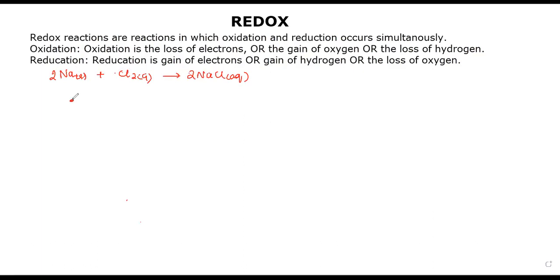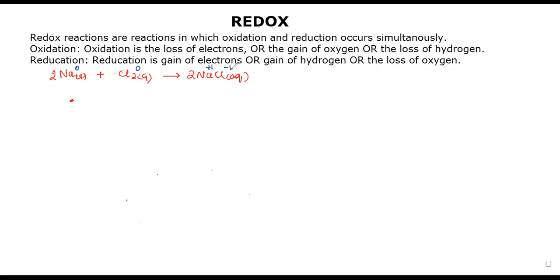To do that, we first need to take a look at charges. Sodium has a charge of 0 because it's an element. Elements always have charges of 0. Similarly, chlorine is an element, so it will have a charge of 0. In sodium chloride, sodium has a charge of +1 and chlorine has a charge of -1.